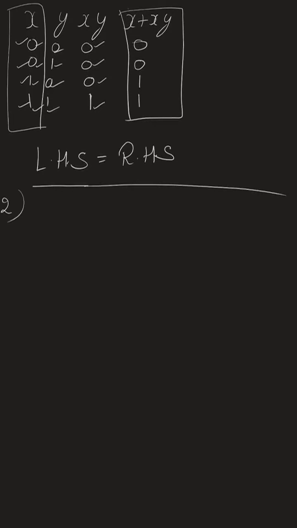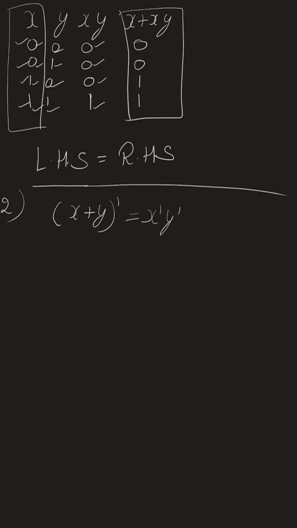So in question number 2, in Boolean algebra, verify using truth table that x plus y whole complement is equal to x complement y complement, for each x comma y in 0 and 1.